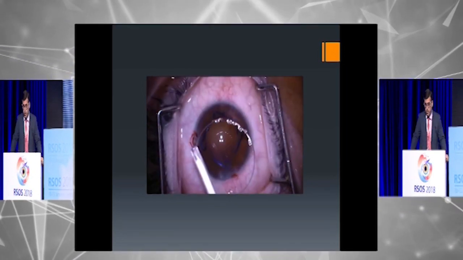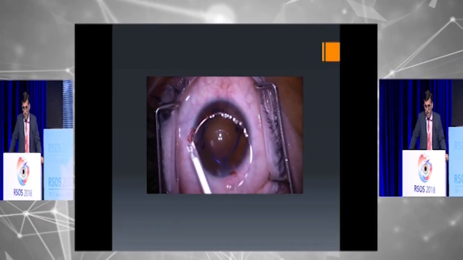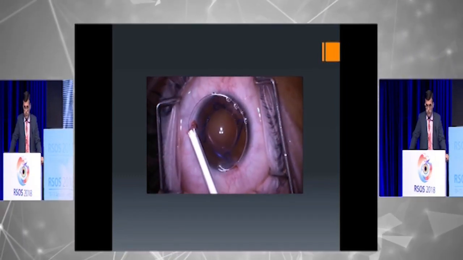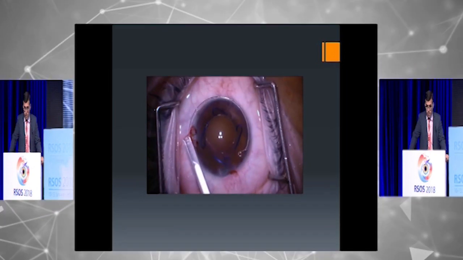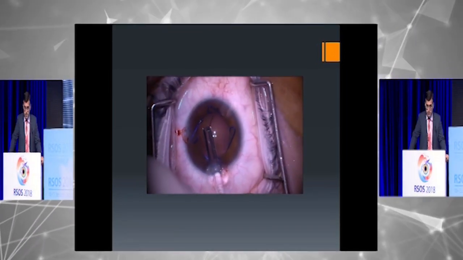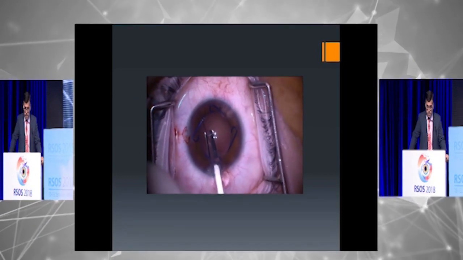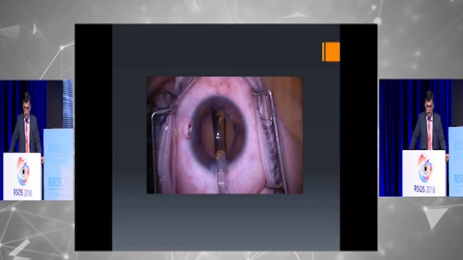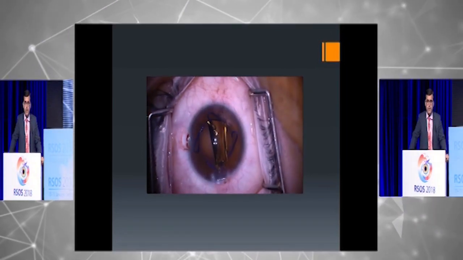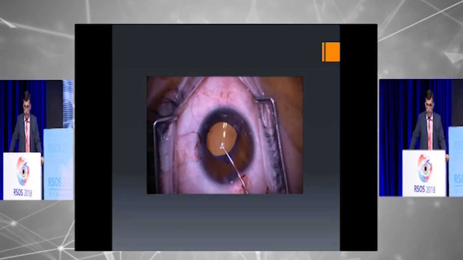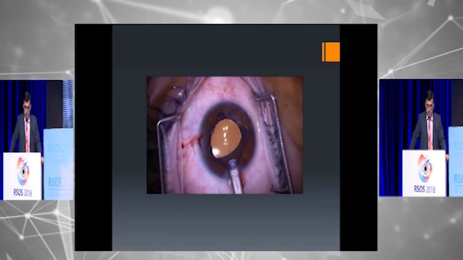So I decided to put in a preloaded capsular tension ring. Then I put in the one-piece acrylic foldable IOL, removing the Malyugin ring.